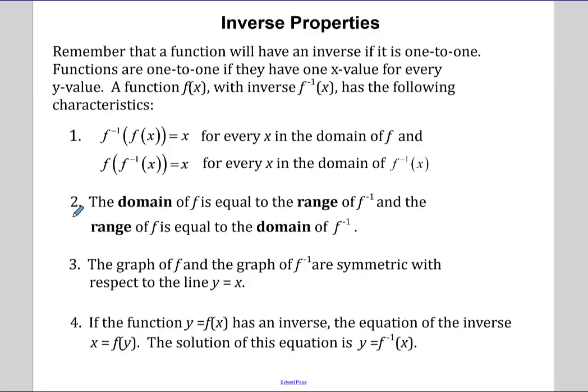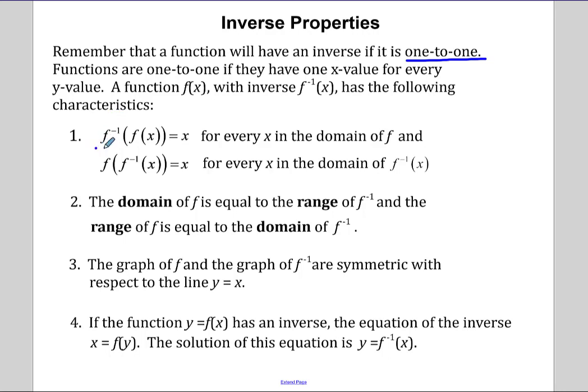The same holds true for trig functions. Remember that a function will have an inverse if it's one-to-one. Functions are one-to-one if they have only one x value for every y value. A function f of x with inverse f inverse of x has the following characteristics.